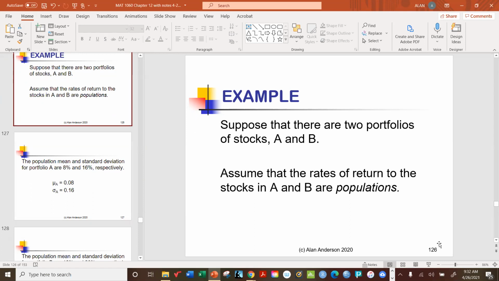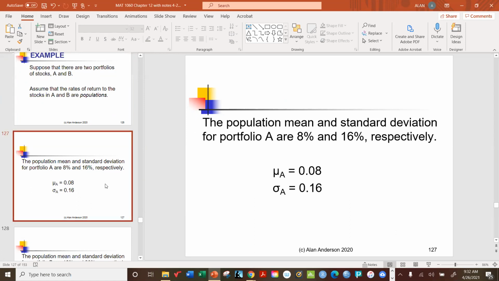All right, so why don't we begin by assuming that the mean of portfolio A is 8%, and the standard deviation is 16%.